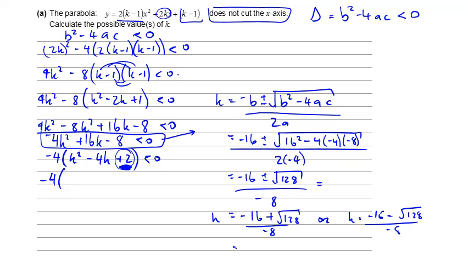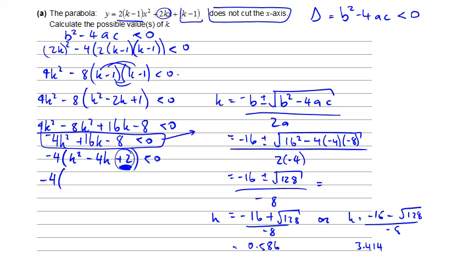Negative 16 plus root 128 over negative 8 gives me 0.586, and the other one gives me an answer of 3.414.